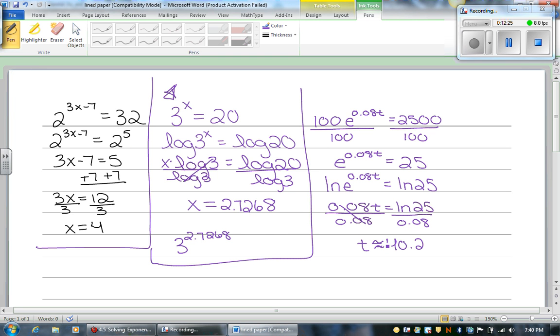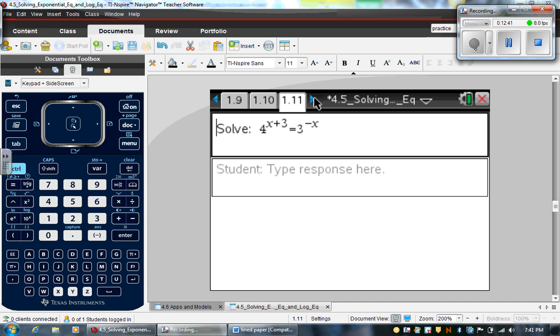And as we did before, we can also solve this graphically by graphing that left-hand side and the right-hand side. So you can do that on your own if you'd like to take a look and see what that looks like.